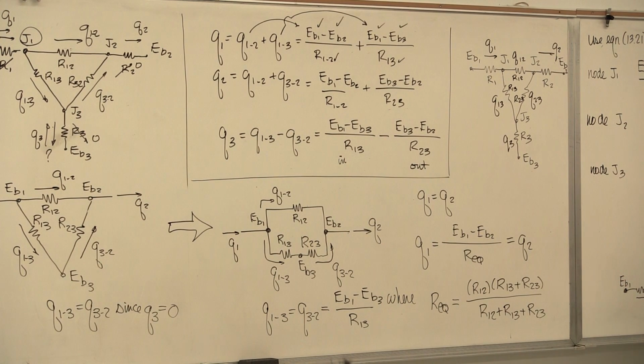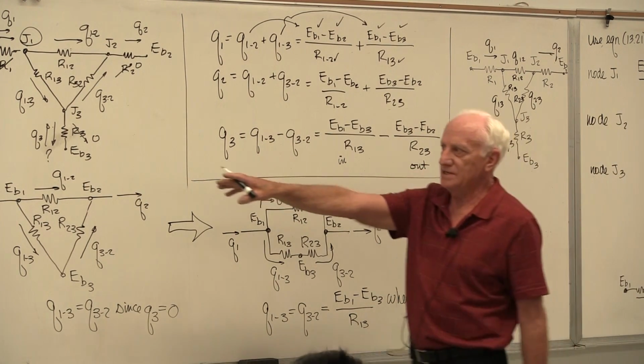I know EB1, I know EB3, I know R13, I got it, that's Q13. I can find any Q term you want me to. There's 6 of them: Q1, Q2, Q3, Q12, Q13, Q23. I can find all 6. Do I see a J anywhere? Nope. Why not? The surfaces are all black. J's not going to come in this problem.